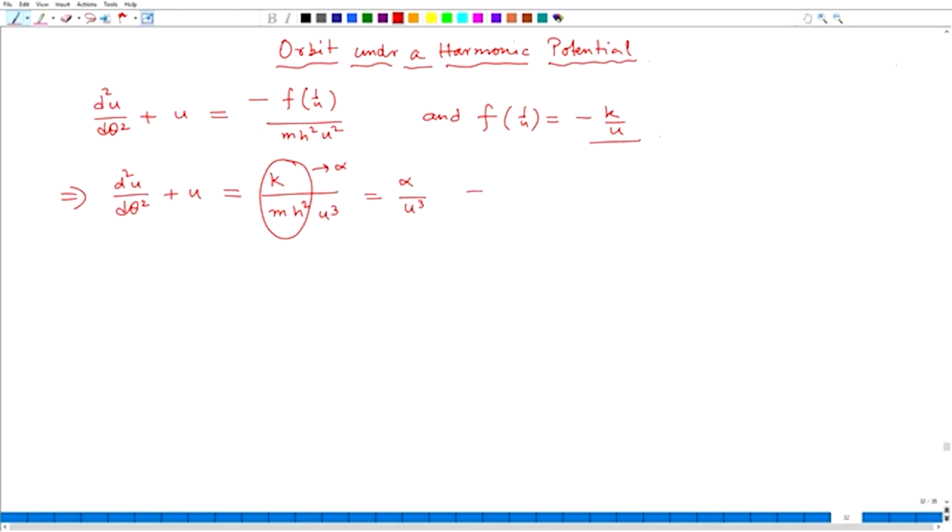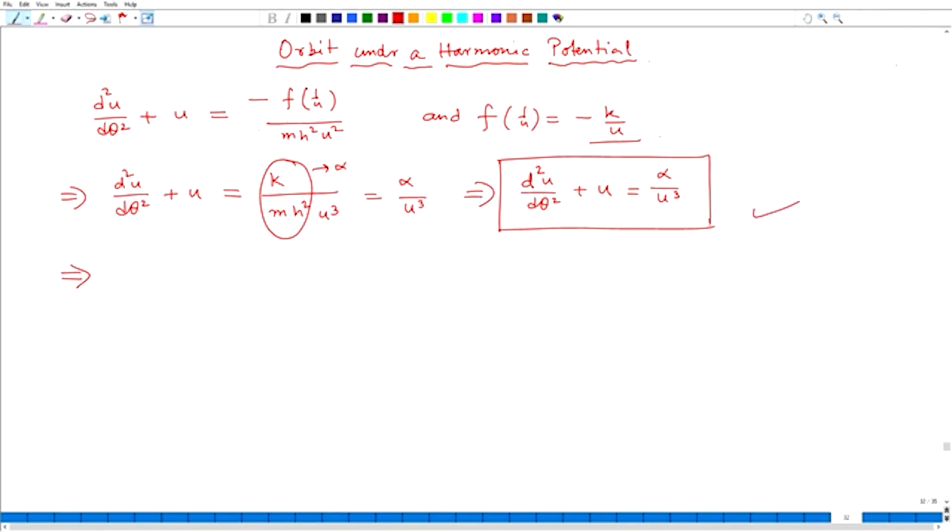Now, the question is how to solve this for u as a function of theta to find the orbit. So, this equation is not a very straightforward equation to solve, but we will see that although a little bit tedious, finally we can find analytically the trajectory just by using this method. Okay. So, what I will do?